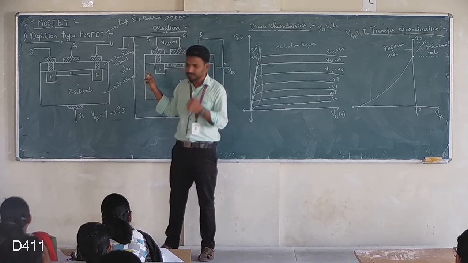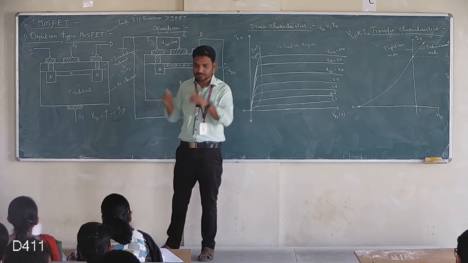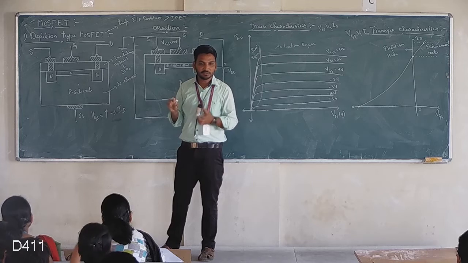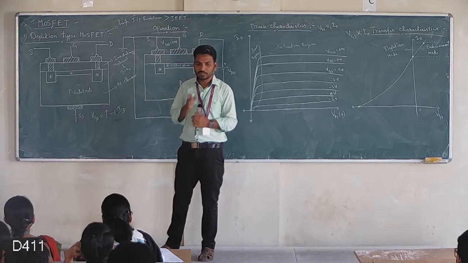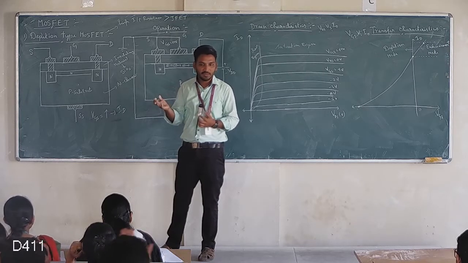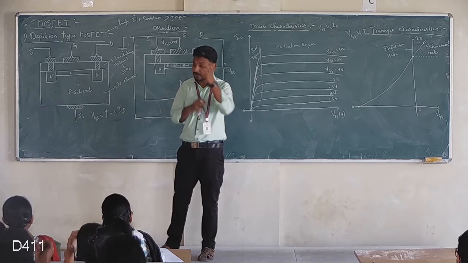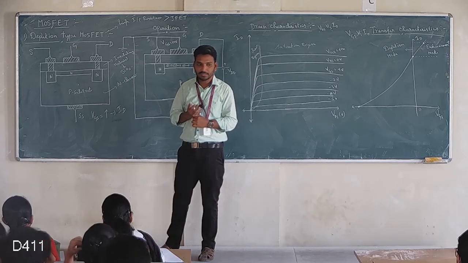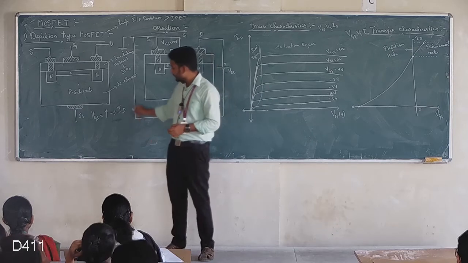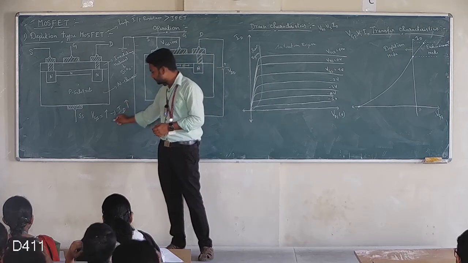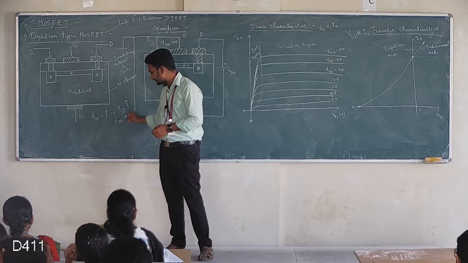Suppose VGS equal to 0 means the channel will be very free, so electrons will move from source to drain. Whenever electrons move from source to drain, they constitute a drain current. So automatically ID will be high when VDS is high.